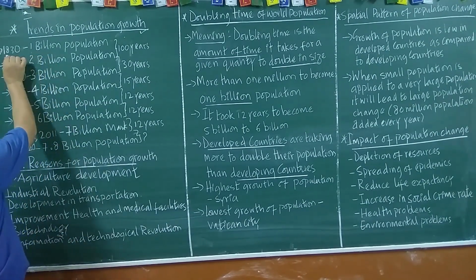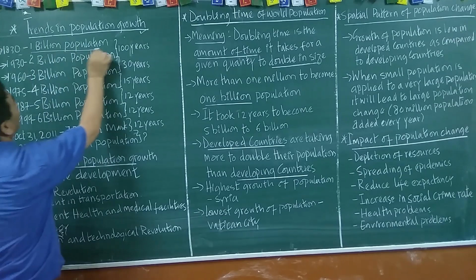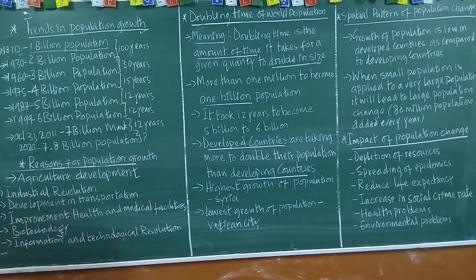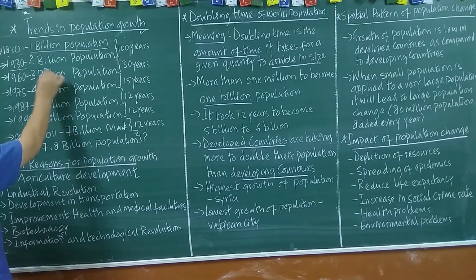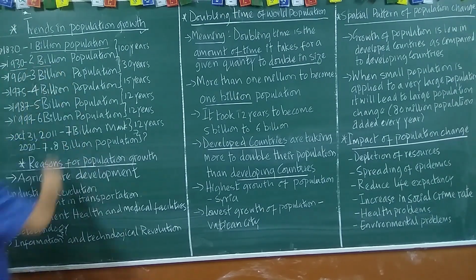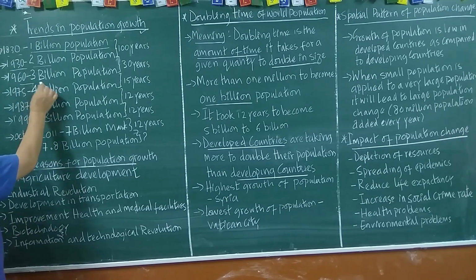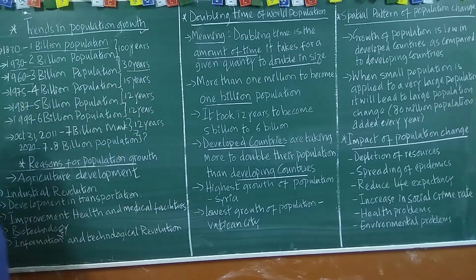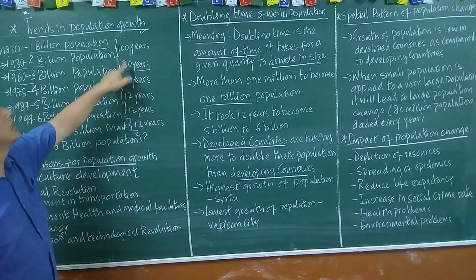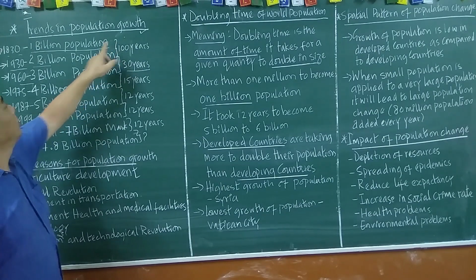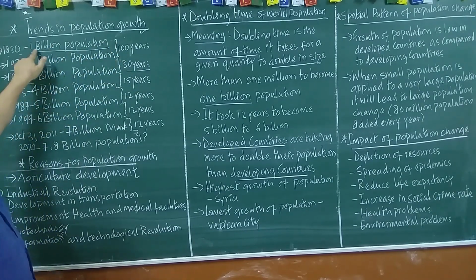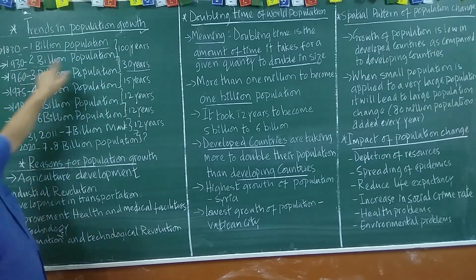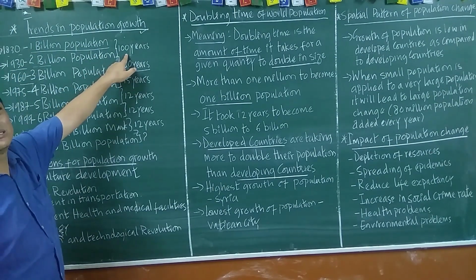Here, in 1830, the world's population became 1 billion, and in 1930 it became 2 billion, and in 1960 it became 3 billion. You can see the time taken was just 30 years to add another billion, whereas to go from 1 billion to 2 billion it took 100 years.